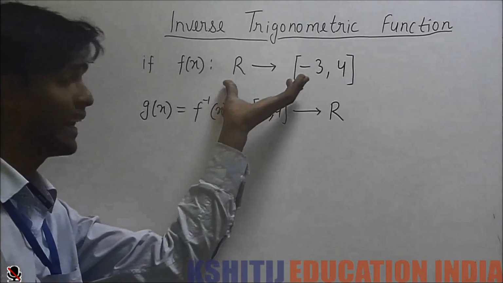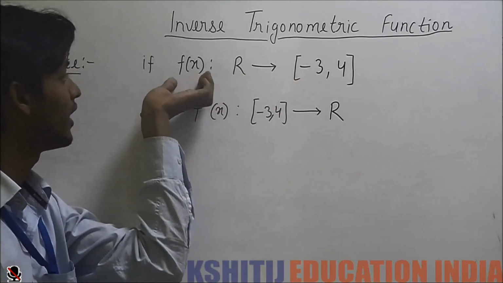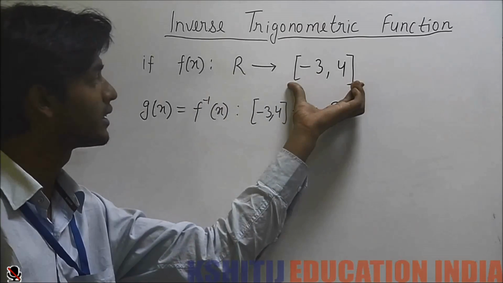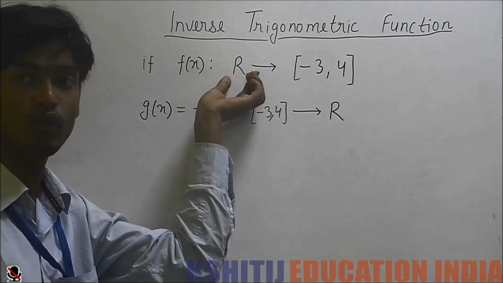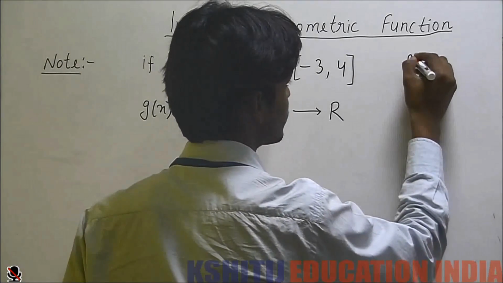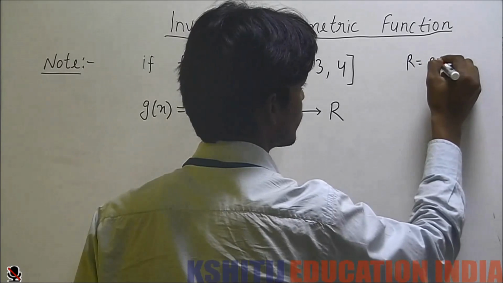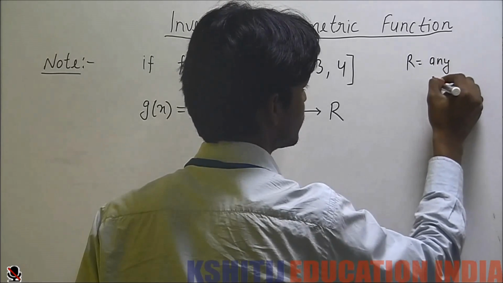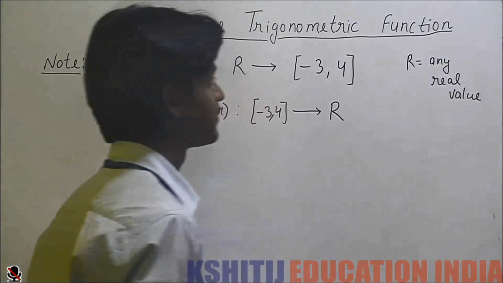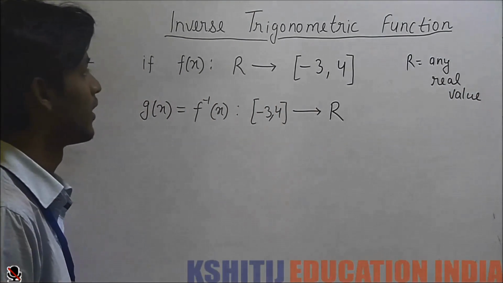Okay, let's take any random example. Say a function f(x) is defined from R to [-3, 4], where R stands for the real numbers.